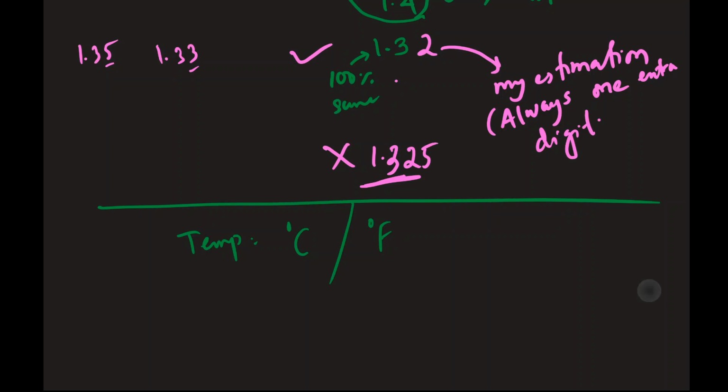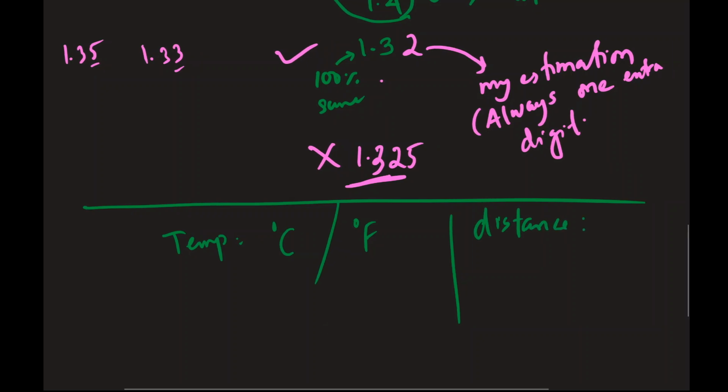What else do we measure? We measure distance. What is the unit for distance? You can measure distance in meter, centimeter, or kilometer. You can measure the distance between planets in light years.